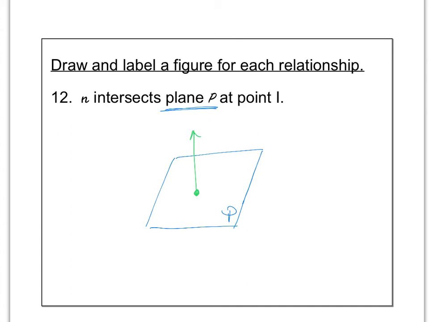And when it hits the plane, then we're going to dot it until it comes back out the bottom. Now the name of this line is N, and the point where it hits the plane is I. So there it is. N intersects plane P at point I.